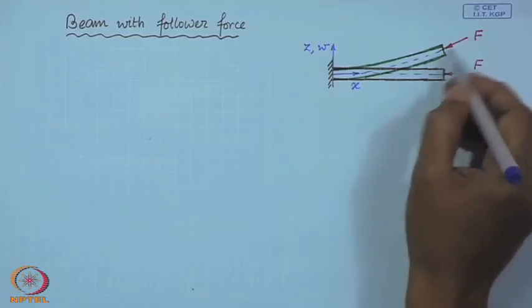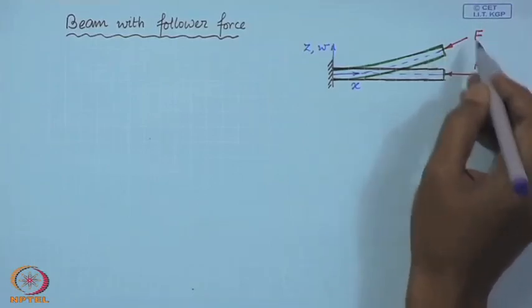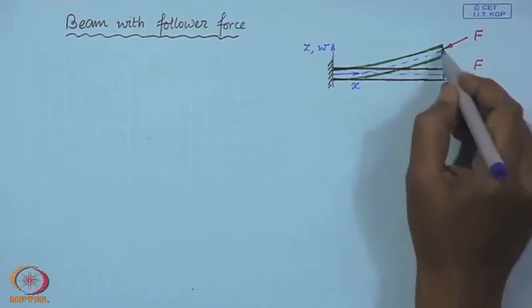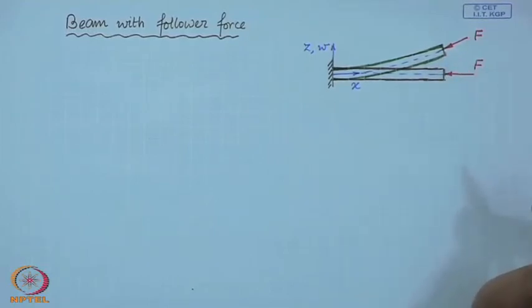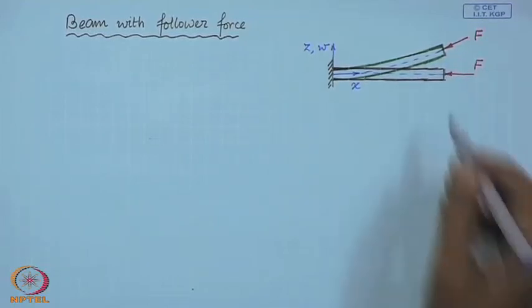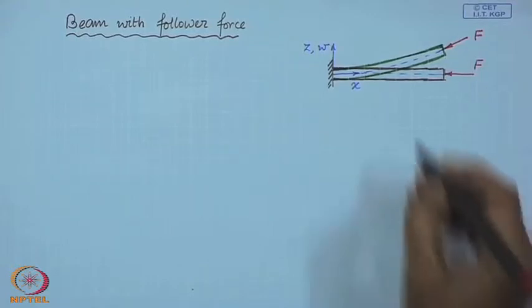So, it is always going to be tangent to the center line or the neutral fiber of the beam at the free end. Such a force is known as a follower force.